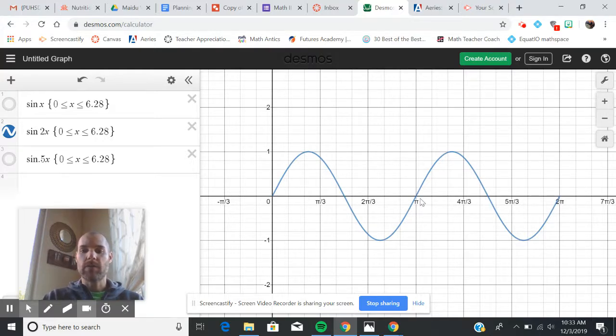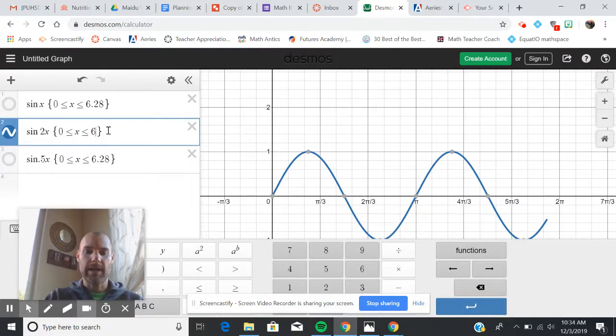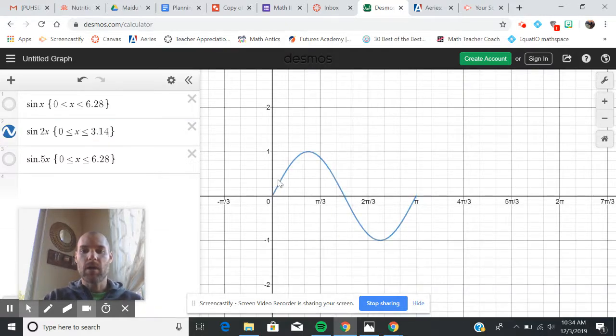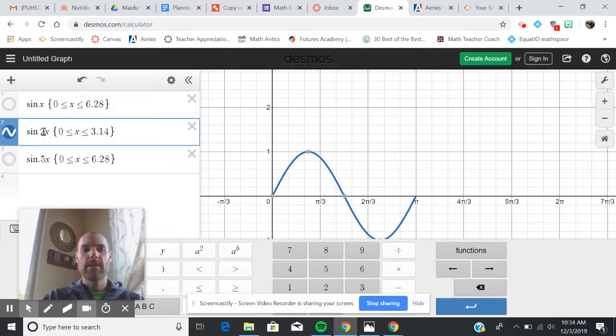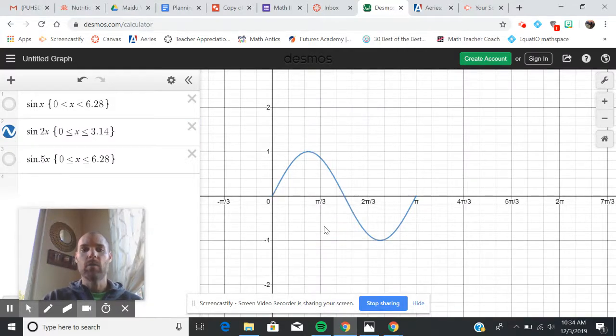And so if you think, well, what is the period now? Since there are 2 cycles in 2 pi, if I change this here to stop at pi, then we can see that now our period is just pi. So when there's a 2 in front, there are 2 cycles in the original 2 pi, or 1 cycle in just pi, in half the amount of time.